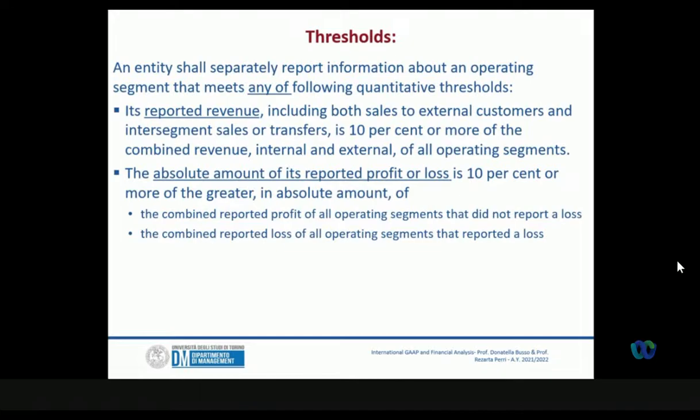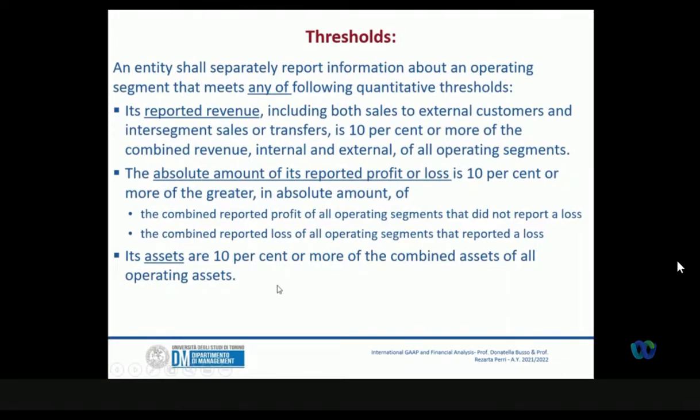So that is the second threshold, remember? Remember that in both thresholds, revenue and profit or loss, we are also taking into account the intersegmental or interdivisional transactions within a certain company. Whereas when dealing with profit or loss, do not take into account the net income of the company, but actually the total profit of the segments that are reporting a profit, and the total loss of the segments that are reporting a loss.